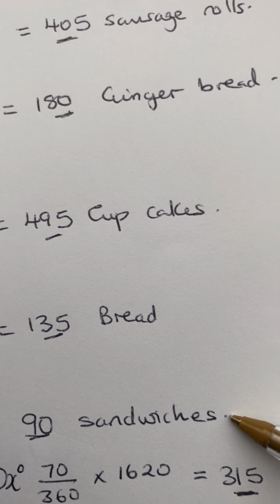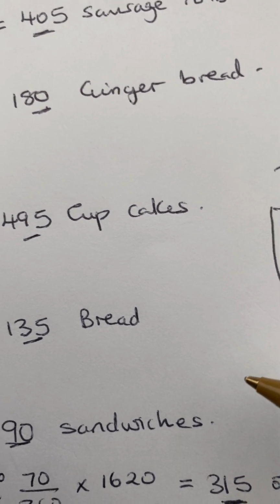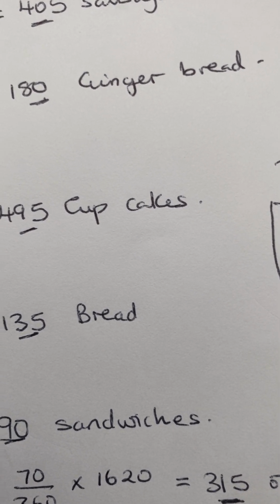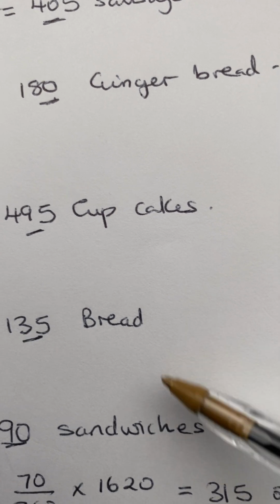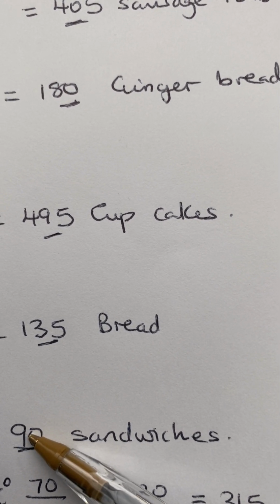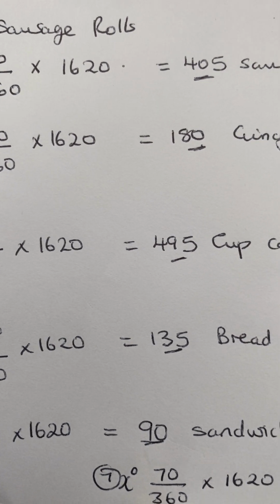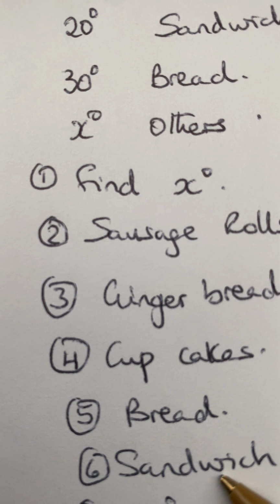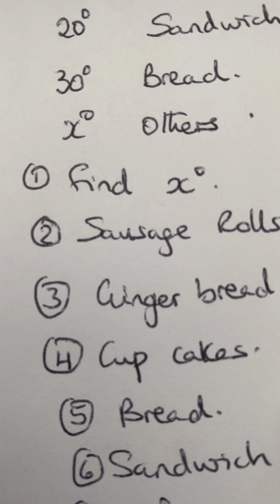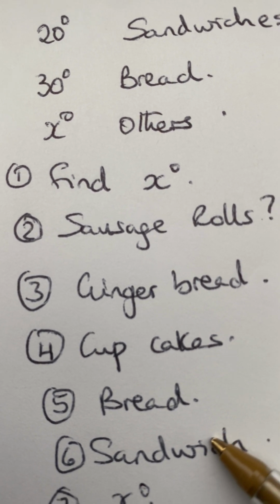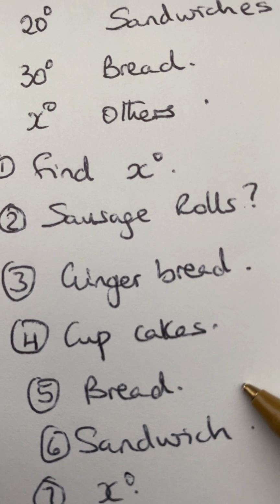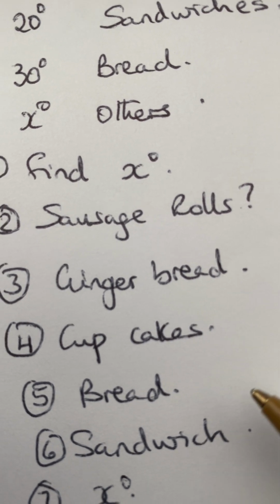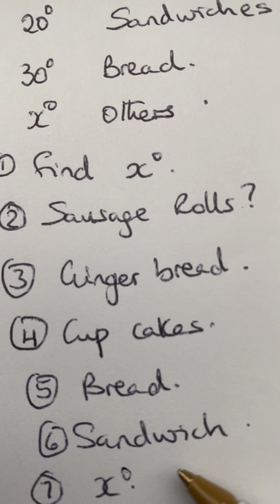Okay, maybe tuna, sweet corn, all the sandwiches that they make, they sold 90 of them. Now the seventh one is the others, which is other bakery stuff, maybe the mini sausage pizzas, those little mini pies.